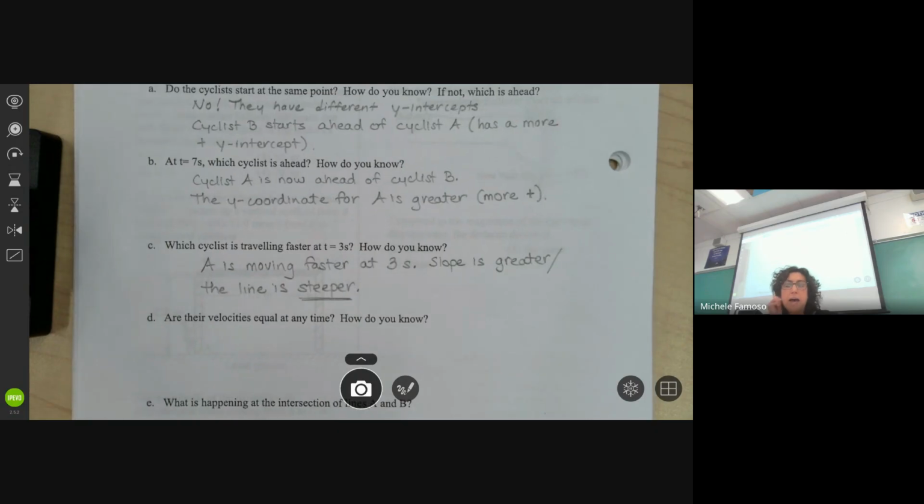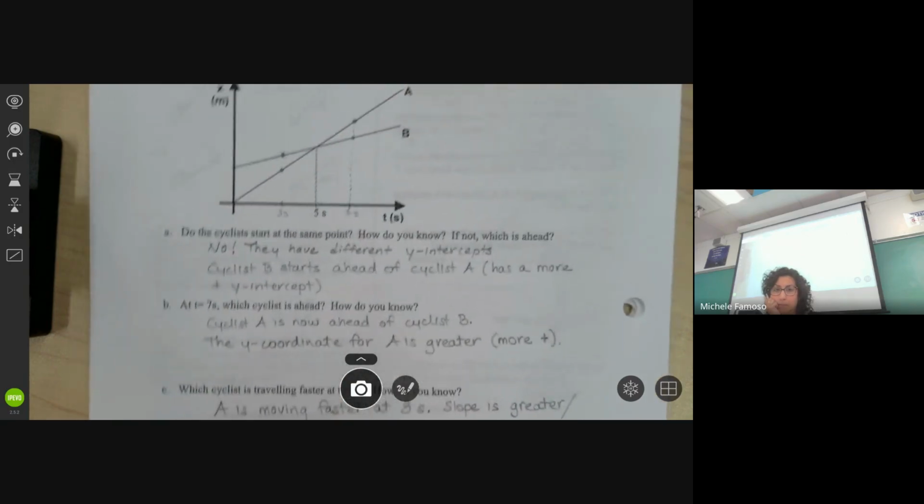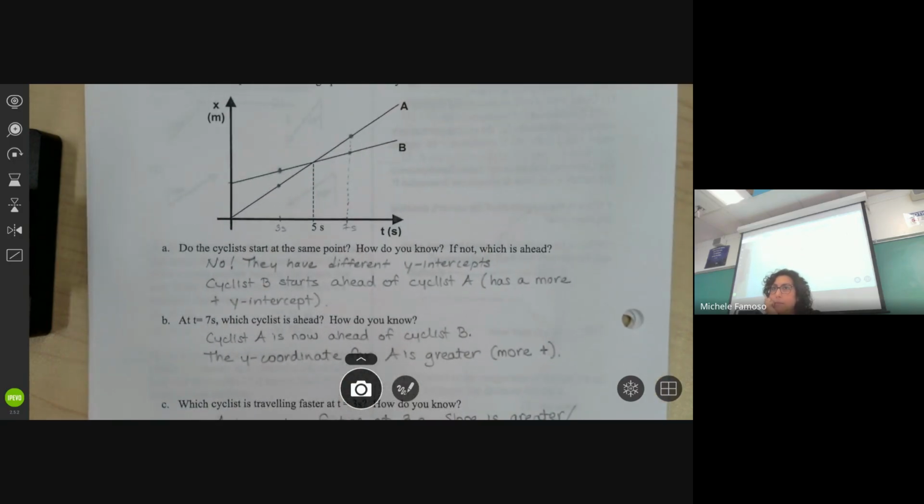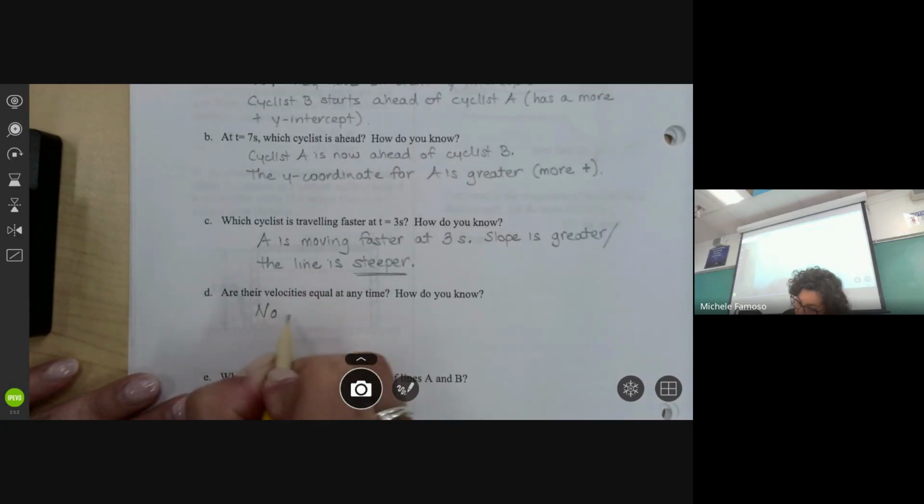Are their velocities equal at any time? Velocity is the what on this graph? The slope. Are the slopes, the steepness, the same at any point on these graphs? No. And how do we know?